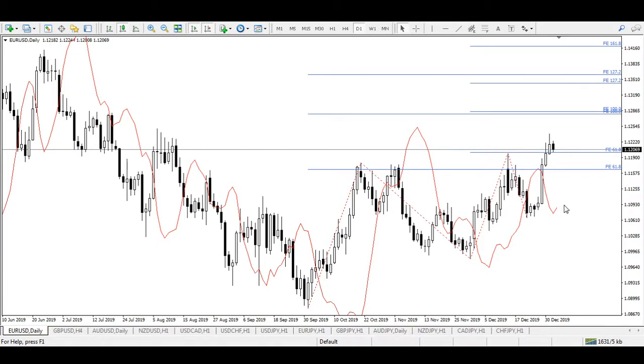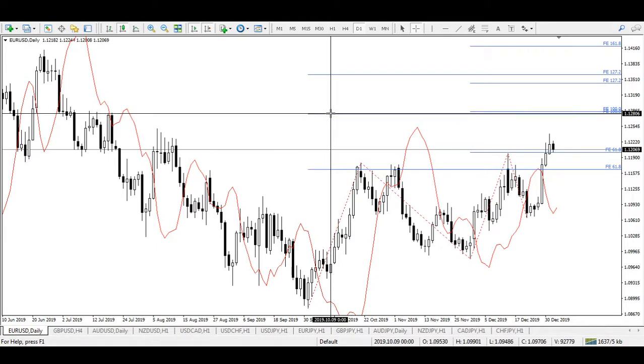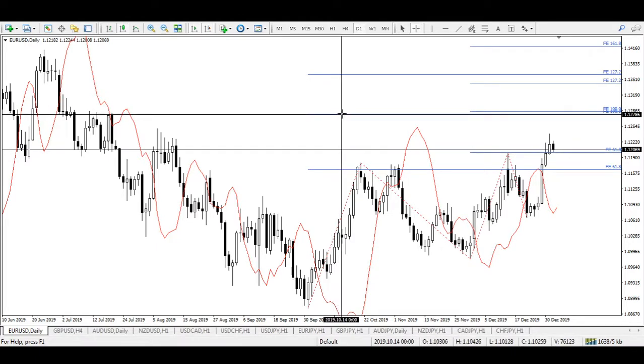And there are two ABCD patterns, and both are yet to be completed at their AB equals CD, or you can say ABCD 100%. The bigger ABCD is from this point A, B, C, and this is the 100% extension target of this one, and this is around 1280.